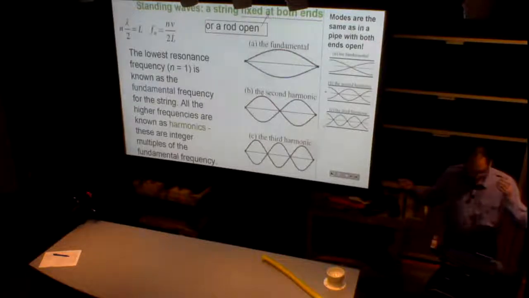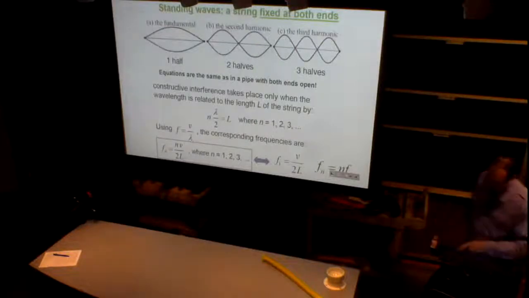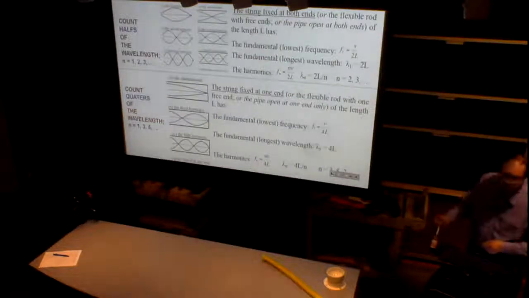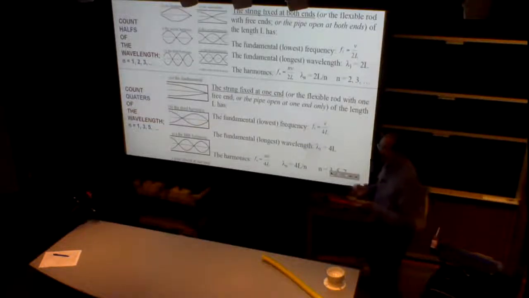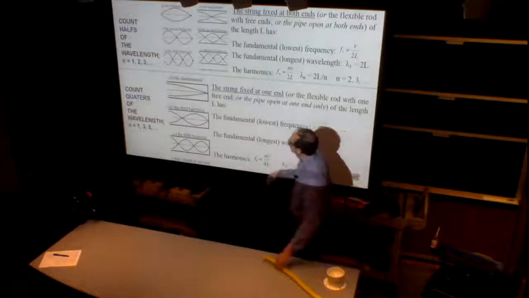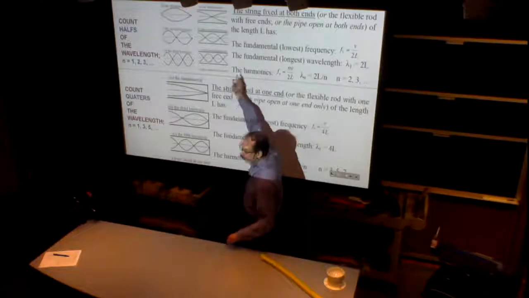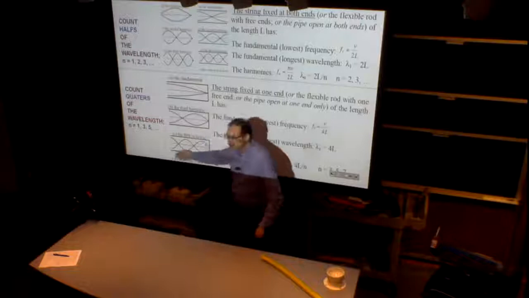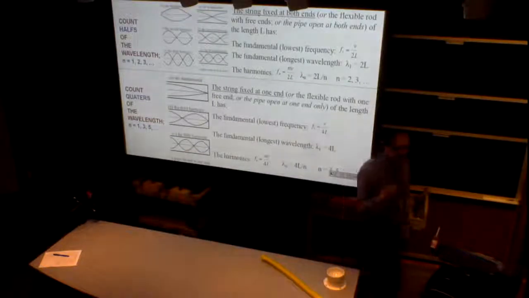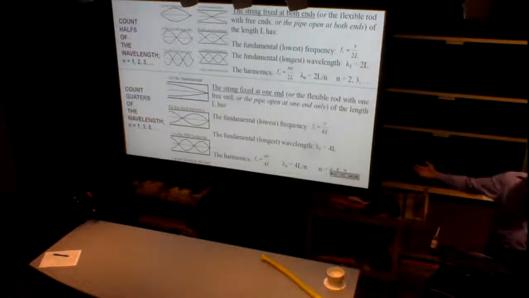So pictures. Several, again, pictures for a string, and we're done with general theory of standing waves in any situation. This is the summary: string or a pipe or a tube with both ends open, a pipe or a tube with one end open, one end closed, pictorial representations, equations, everything.